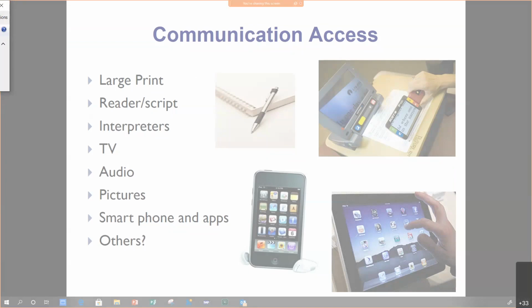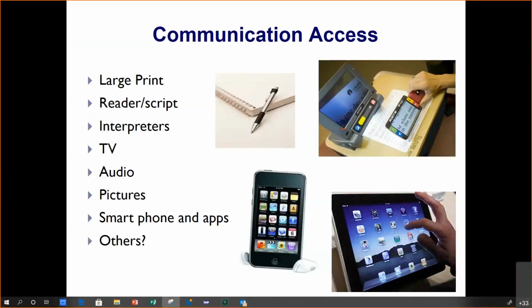I think we tend to talk a lot about mobility devices and things like that because it's an easy example, but I think it's really important to focus on these communication access resources and things that can be pulled into a general population shelter to ensure those that are deaf or hard of hearing or have low vision, vision disabilities have the same level of communication access as everybody else in the shelter.